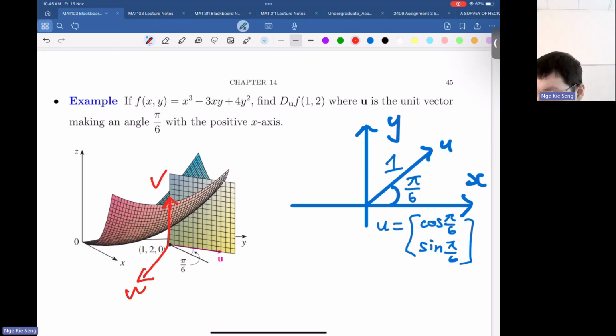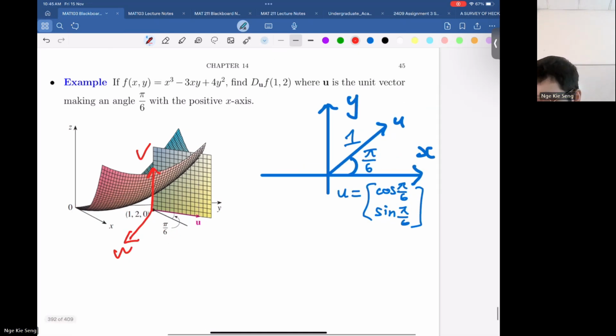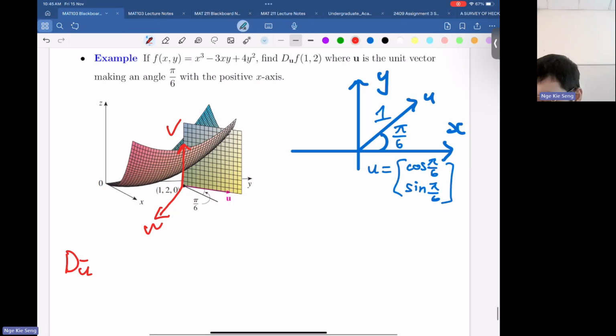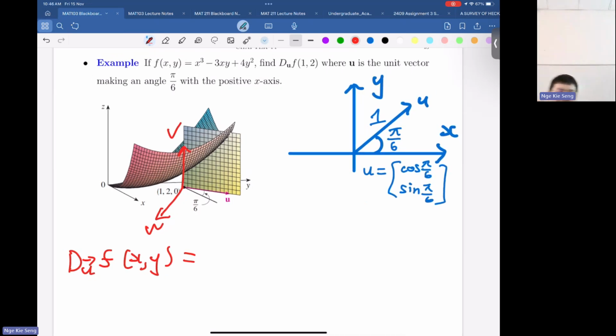Okay, cool. So let's compute D_u f1. How do we compute D_u f1? Let's compute D_u f first. What's the formula? I proved it so long ago, so you need to know the main point of the proof. What's the thing that is left over after you take the limit?